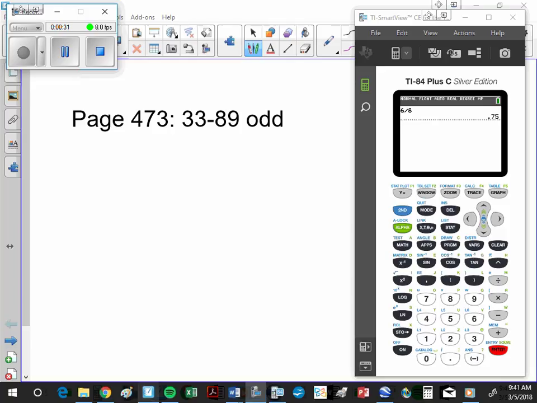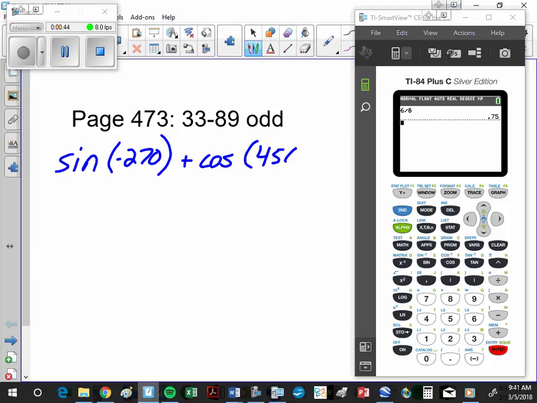So look at number 38. The sine of negative 270 plus the cosine of 450. How can we make this problem easier?